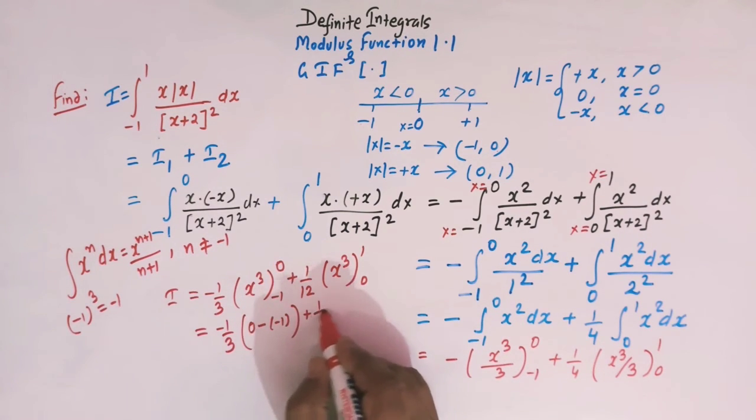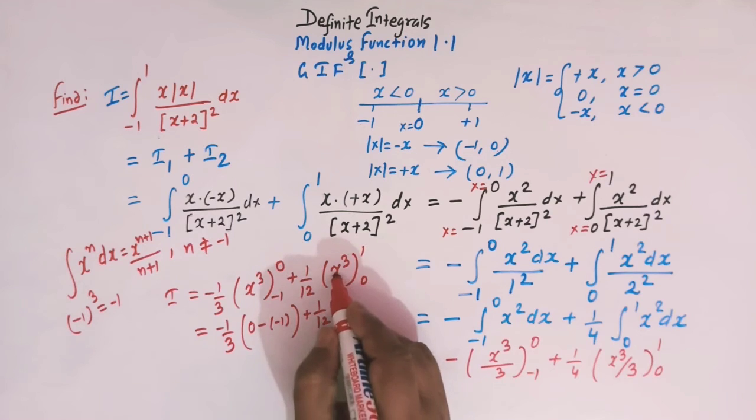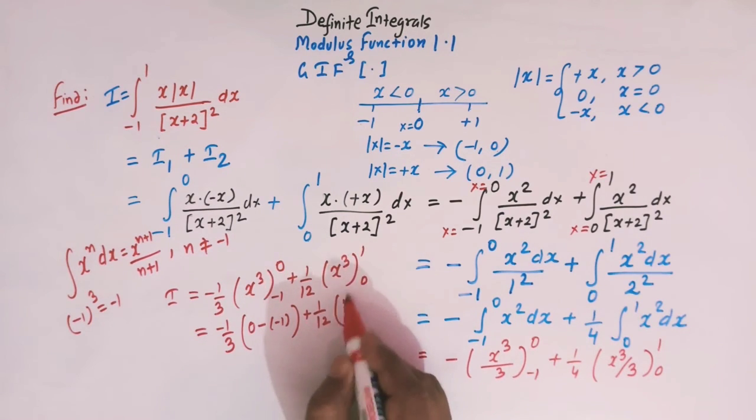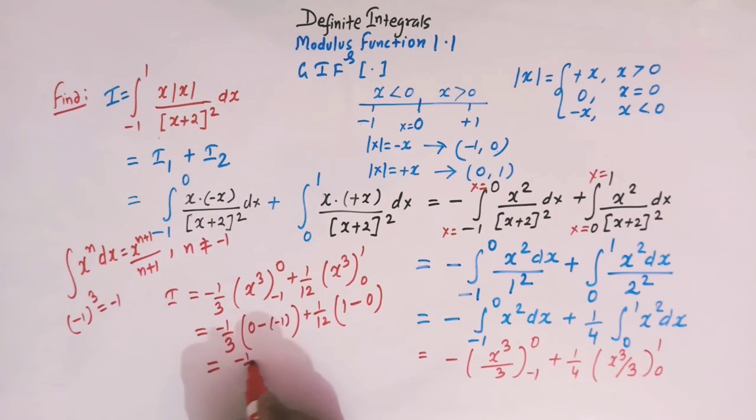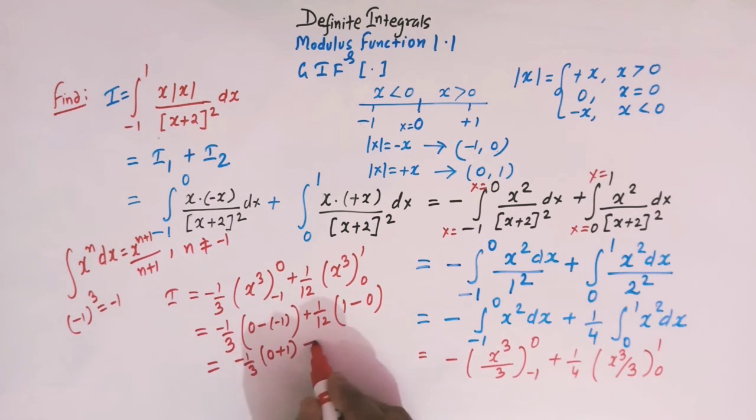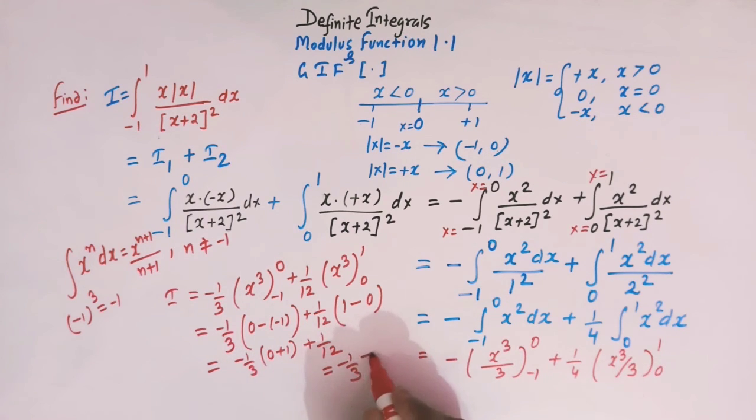And here we have 1 over 12, and x is 1, so we have 1 cube is 1, and 0 cube is 0, right? So this is minus 1 over 3, and this is 0 plus 1, this is 1 over 12, right? And now we can write it as minus 1 over 3 times 1 is minus 1 over 3 plus 1 over 12, right?